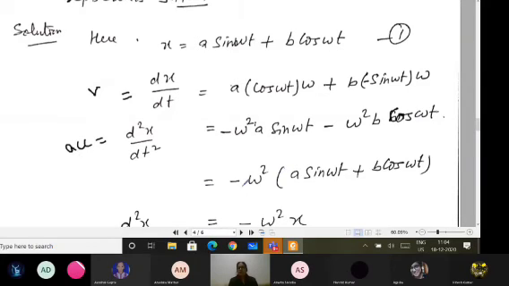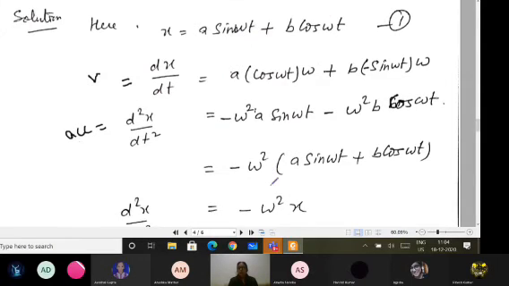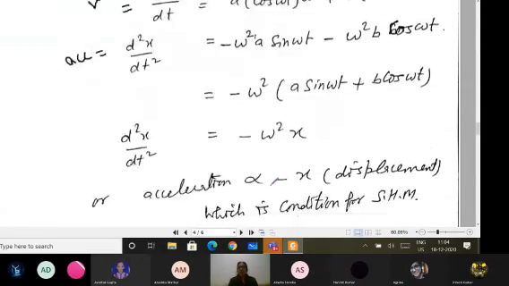I can rewrite this simply by taking minus omega square out, which equals A sine omega t plus B cos omega t. This is the value of the displacement x. So I can prove that the acceleration is equal to minus omega square x, or I can say the acceleration is directly proportional to the negative of the displacement.